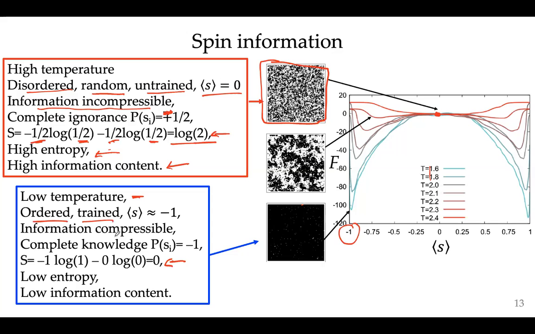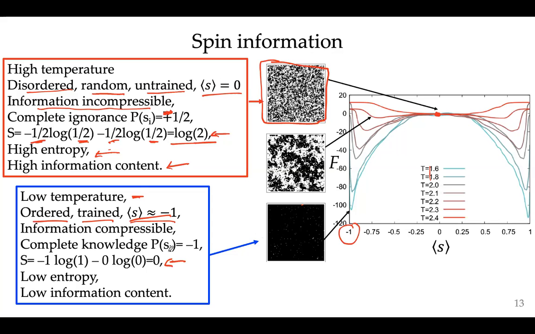So in the sense of machine learning, that's the minimum of the objective function. And there is this order parameter, magnetization, as -1. So the information here is compressible, because if everything is down, you don't have to know each spin individually. You can say, okay, all the spins are down.